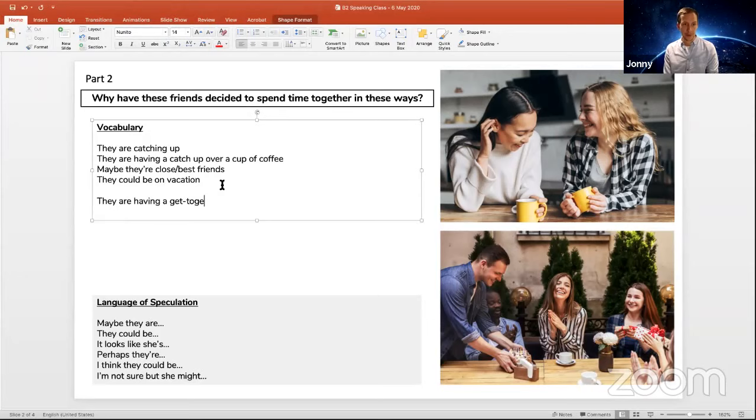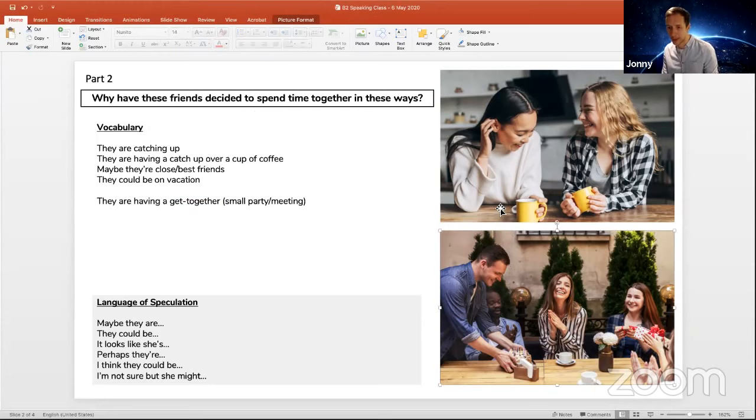A get together is kind of like a party, or a small party, or even a small sort of meeting of friends. This is a get together. So the second one, they could be having a get together. We could also say they're having a get together in the first one. But what are they doing in the second one? What's going on? What can you see?